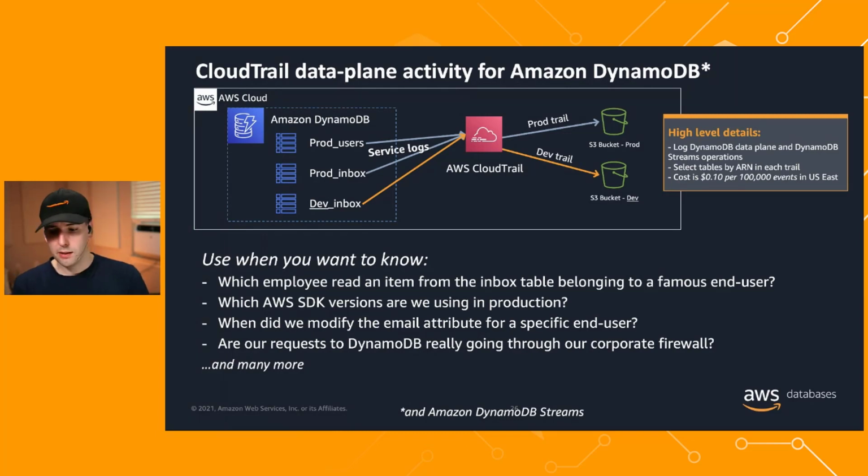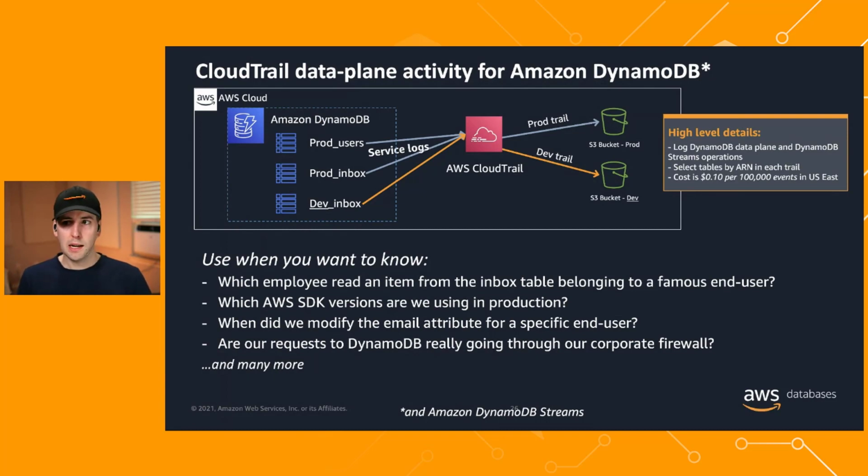Now, an important thing to note is that these data plane logs are billed in US East 1 at 10 cents per 100,000 events. I did a little bit of math, and if you're using the PutItem API and your items are about 5 kilobytes, then your CloudTrail log will be about the same price as your write capacity units bill, which is to say, for small items, when you're putting them, the CloudTrail bill will actually be more expensive than DynamoDB.